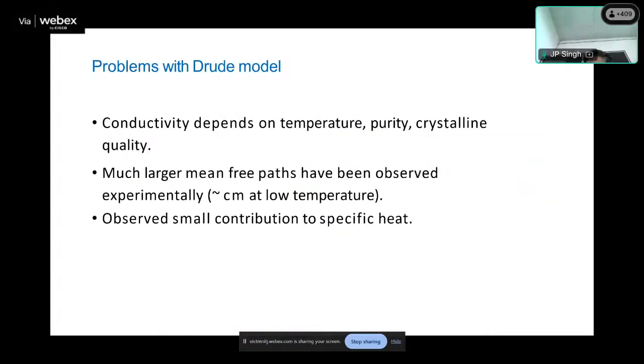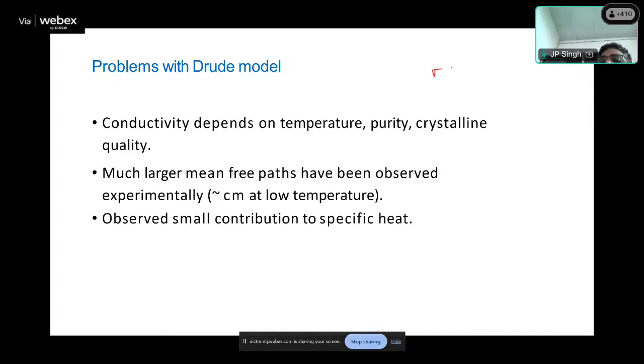Now, some of the outcomes of the Drude model we have already discussed. It explains well the conductivity, mobility, and also the current density. But there were some problems with the Drude model. Conductivity actually depends on the temperature.